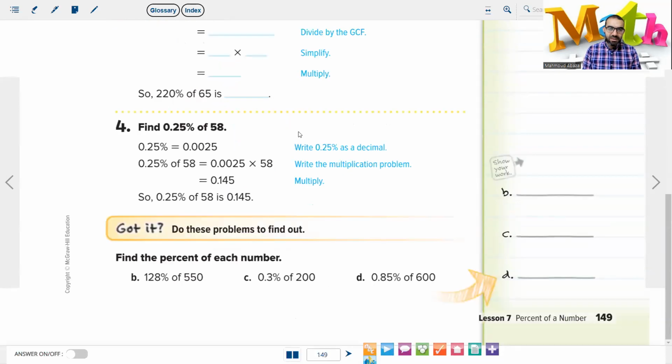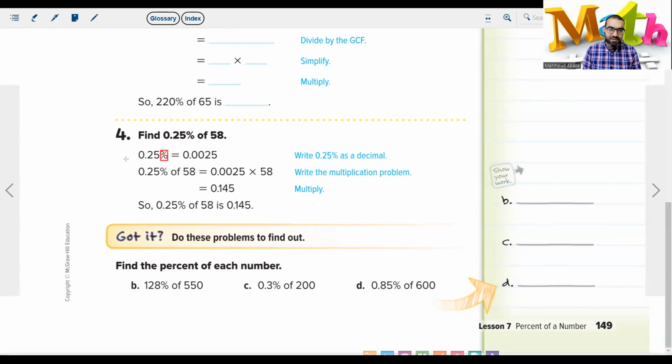Example 4. Find 0.25% of 58. We know that 0.25%, we can cancel the percent sign and move the decimal point left 2 places. So this will give you 0.0025, or we can say 25 ten-thousandths.